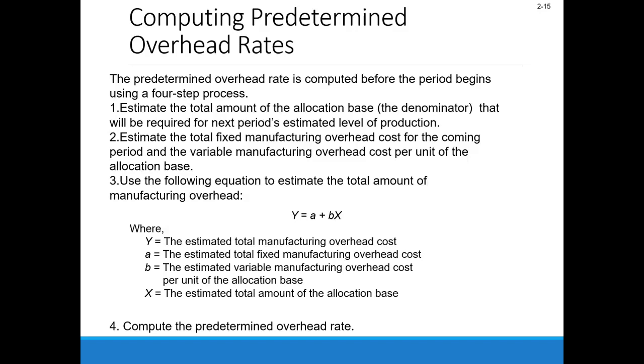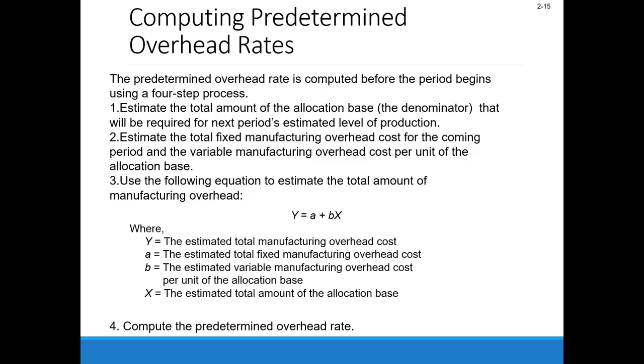We do this all before the period begins. We estimate the total amount of the allocation base that will be required for next period's estimated level of production, which is the denominator, the bottom number. Estimate the total fixed manufacturing overhead costs for the coming period and the variable manufacturing overhead costs per unit of the allocation base, and then use this equation to estimate the total amount of manufacturing overhead.